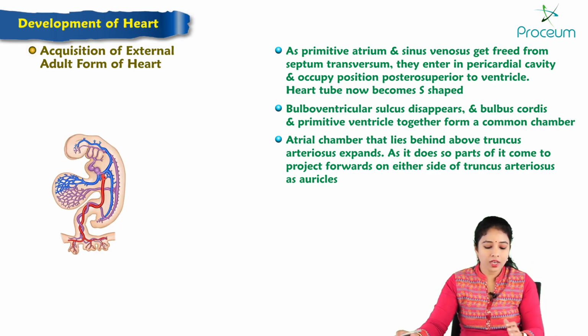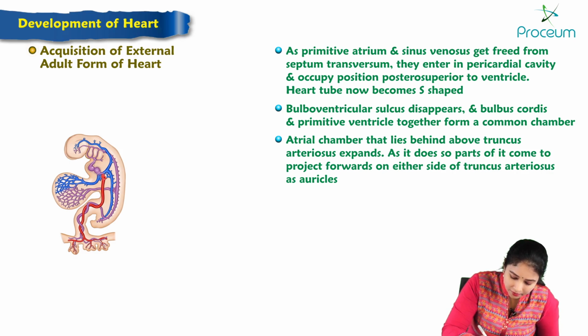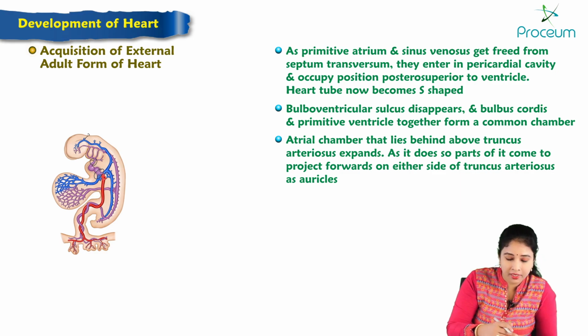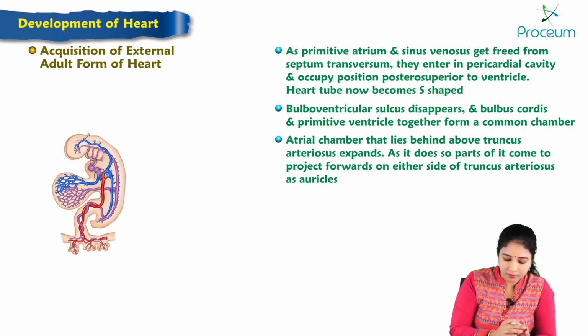So that is how the heart develops. So here in the beginning we can see the venous end of the heart. This is the arterial end of the heart tube. And this is after the formation of the head fold, where the heart tube lies in the pericardial cavity on the ventral aspect of the embryo.